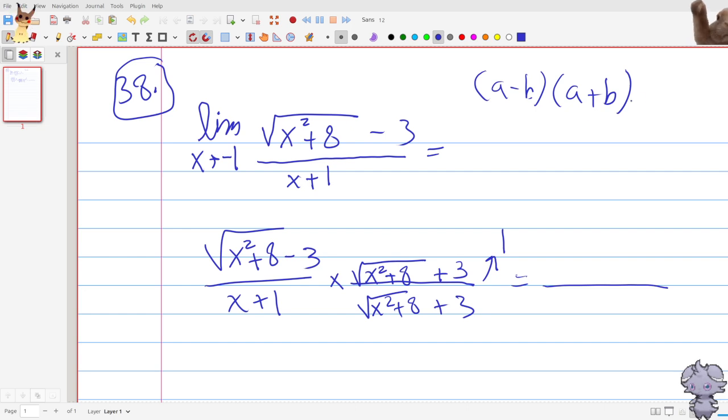We will just square the terms. The square root of x squared plus 8 squared becomes x squared plus 8, minus, like the formula, 3 squared, which is 9. Then we have x plus 1 multiplied by the conjugate.